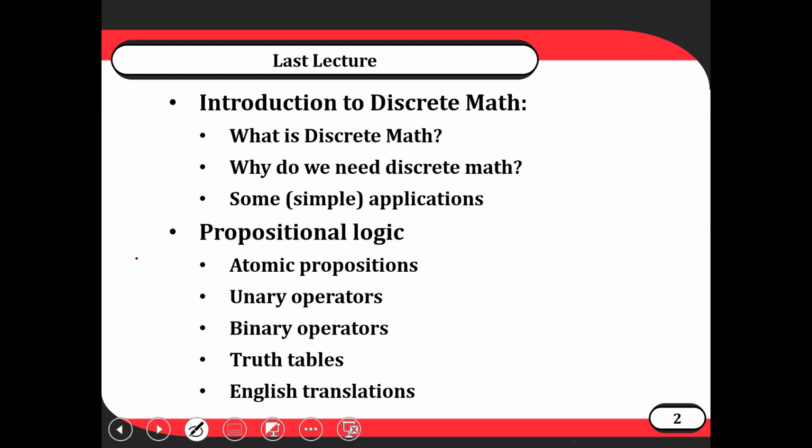Yeah, so we have unary operators and binary operators, and we can use these to combine atomic propositions into more complicated logical expressions. And then we can use truth tables to show all possible values of a particular logic expression, because any proposition can only take on the values of true or false.